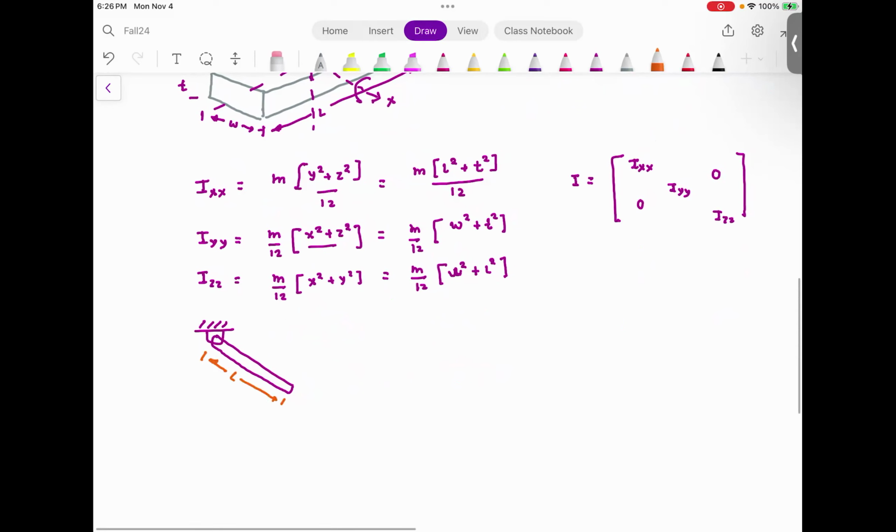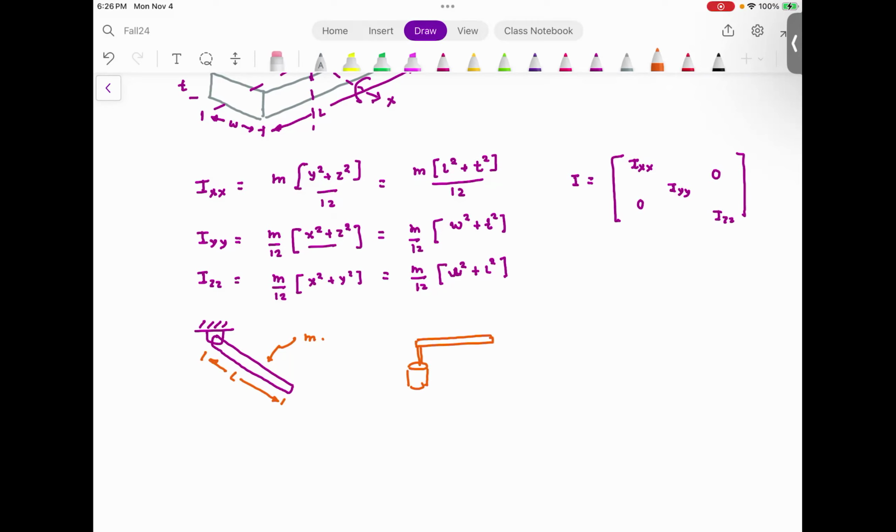Length of the link is L. Mass is distributed, that is M. And the kinematic diagram of this robot is going to look something like this.